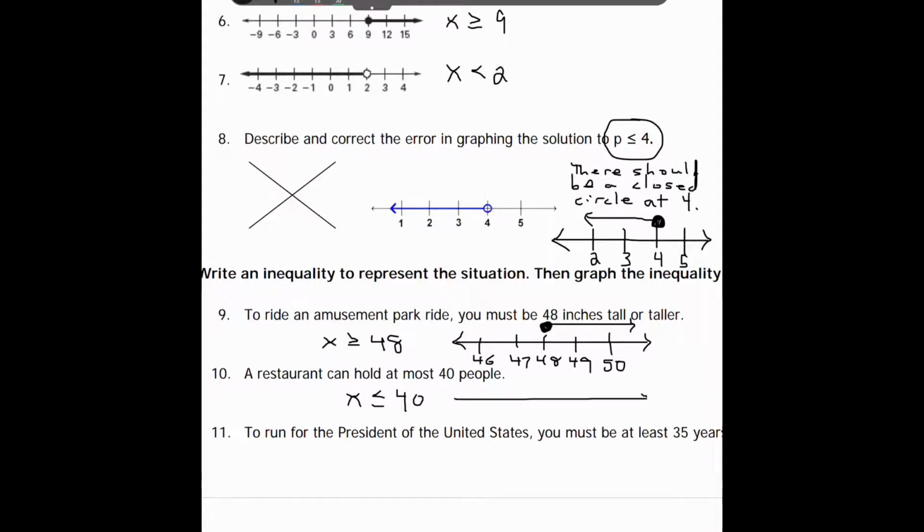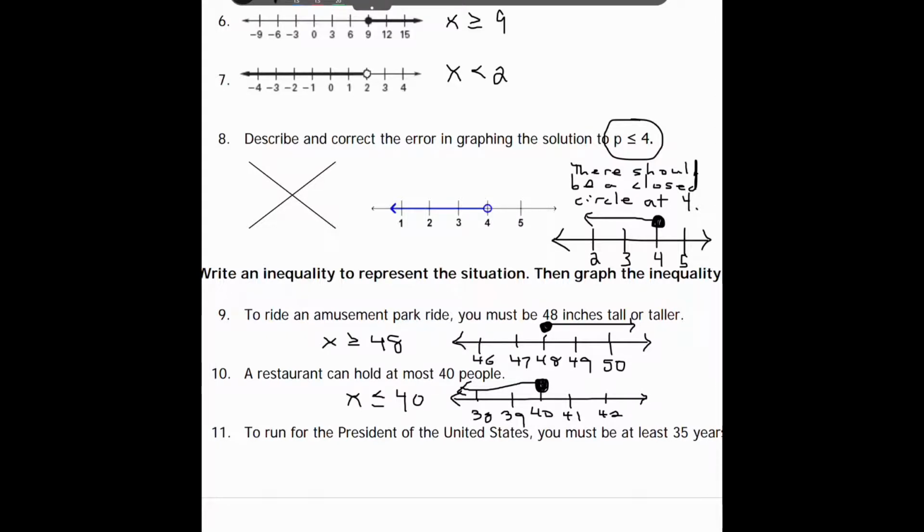Our number line, I'm going to have 40 right in the middle, a couple points to the left and right, 41, 42, 39, 38, a nice filled in circle above 40, and this time our arrow is to the left.